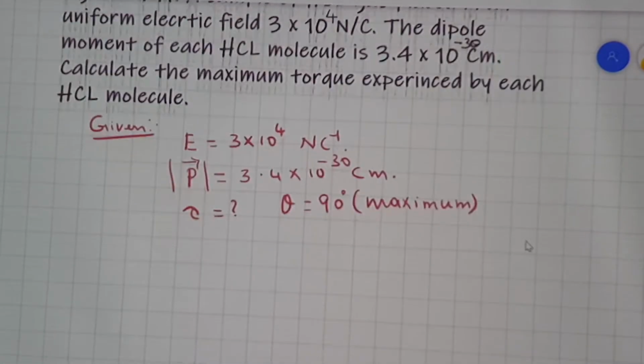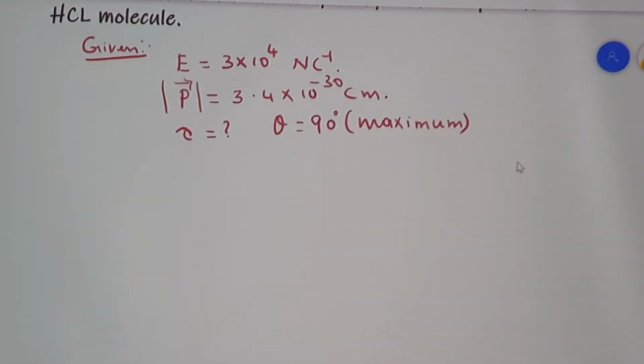So how to solve the problem? What is the expression for torque first of all? You consider the expression for torque. We know that the torque tau is given by the formula P into E into sin theta.